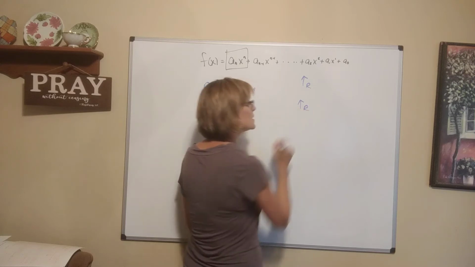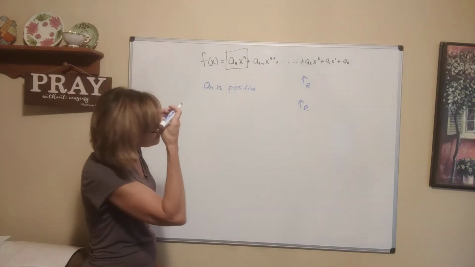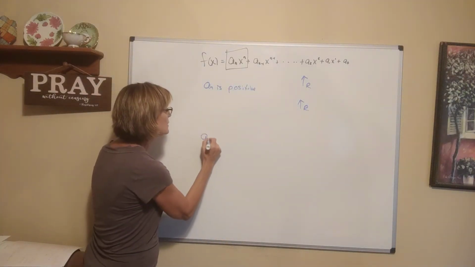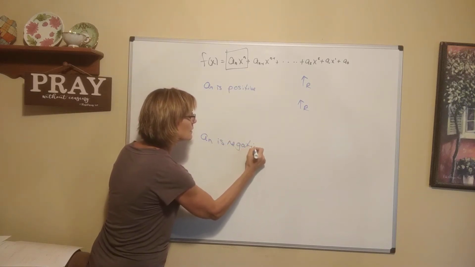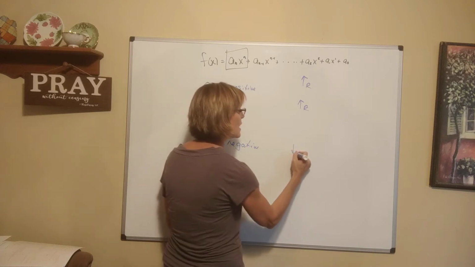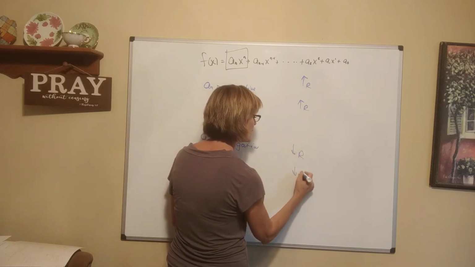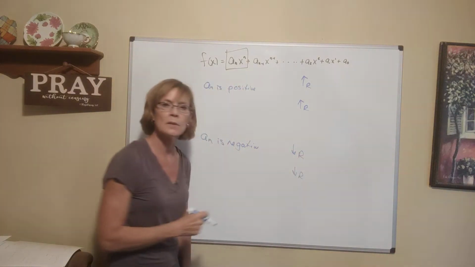If a sub n is negative, then it's going to be down to the right. The right behavior is going to be down. And I'll make sure I explain what I mean by right.